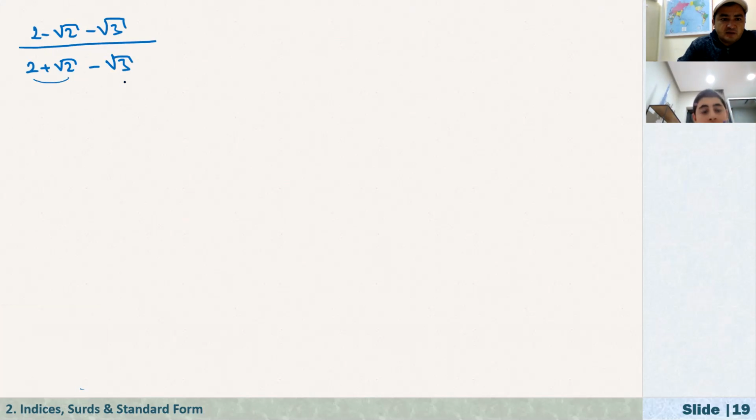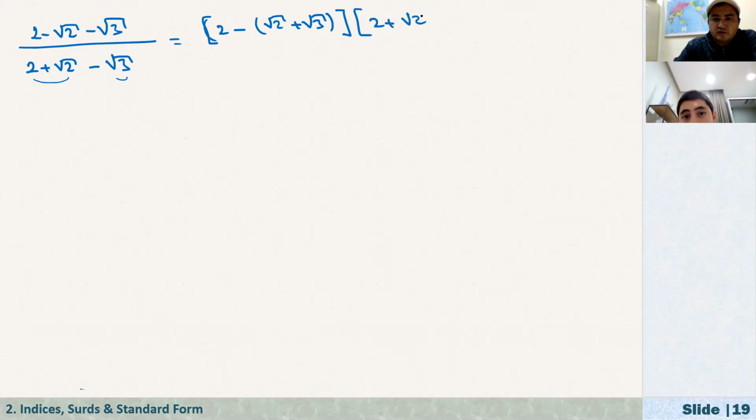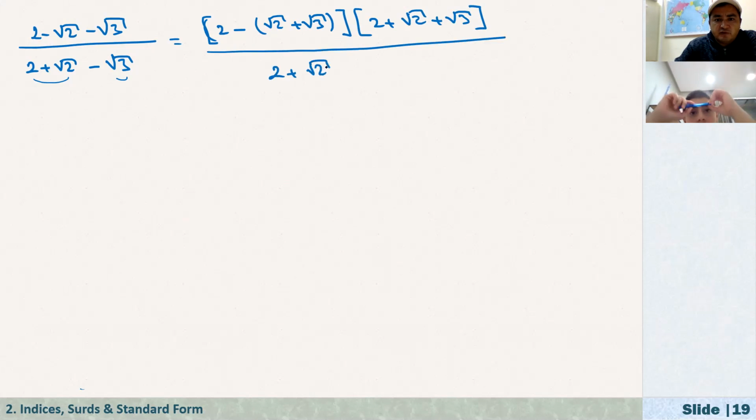First, here we have something minus something, so I multiply by the plus, I mean conjugate. 2 minus, I'm going to write this one as square root of 2 plus square root of 3. And here, if you multiply, it's plus: 2 plus square root of 2 plus square root of 3, over what we have here: 2 plus square root of 2 squared minus square root of 3 squared.